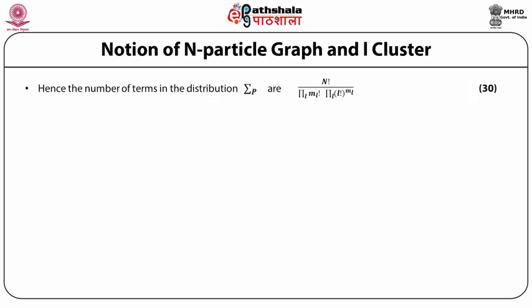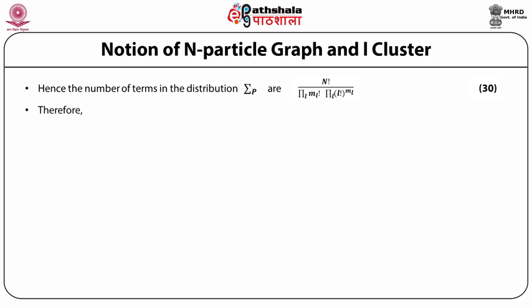Hence, the number of terms in the distribution summation over P are n factorial divided by the product over l of m_l factorial multiplied by the product over l of l factorial raised to power m_l.